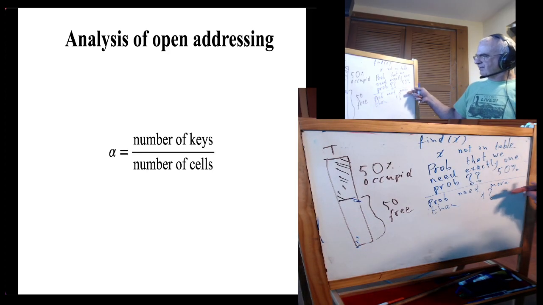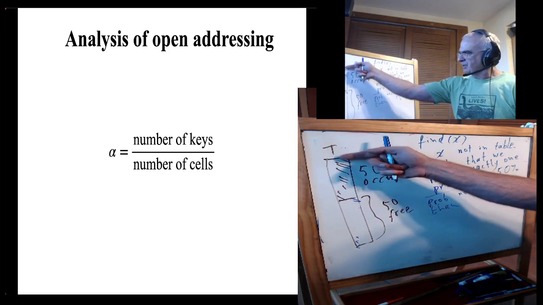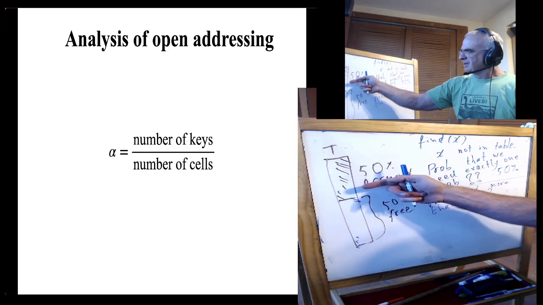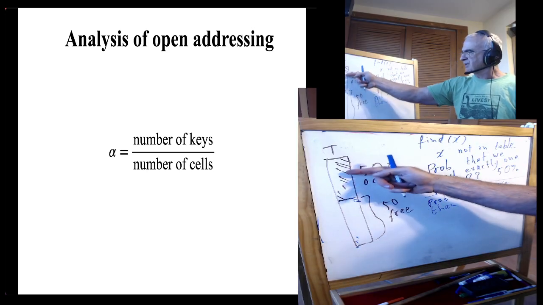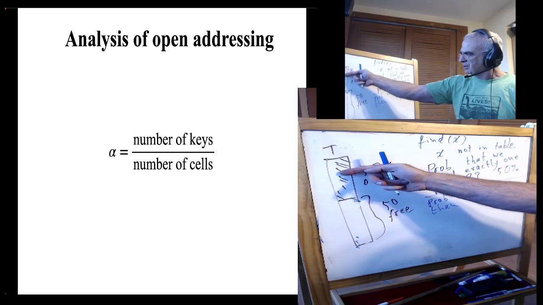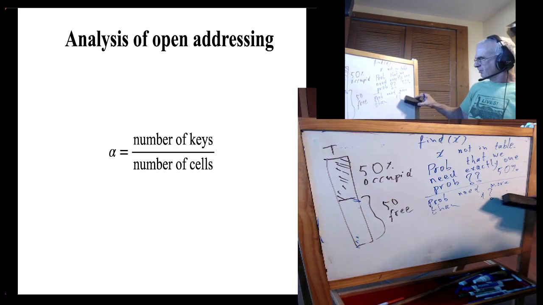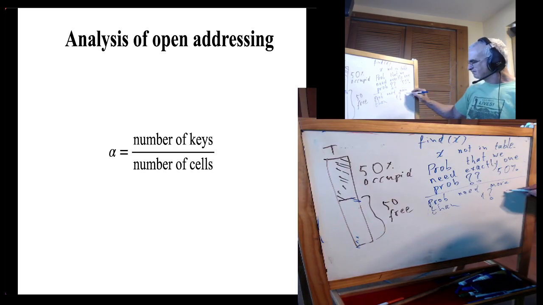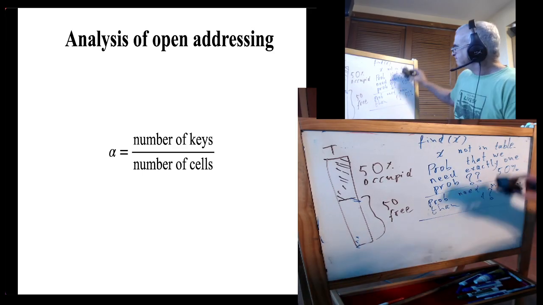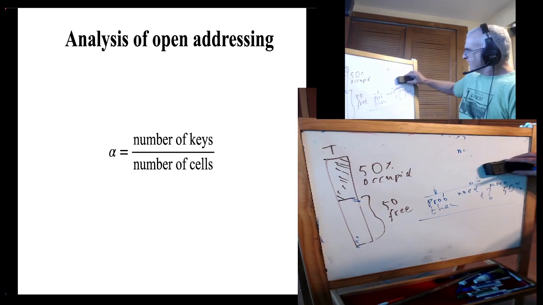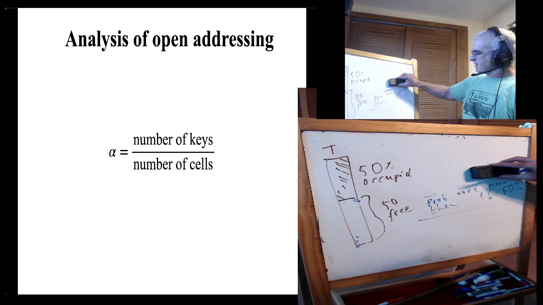This probability is 50% as well, because it means that in my first attempt I hit an occupied cell, which is not X, because we said that it's an unsuccessful search, and in this case I need at least one extra probe.